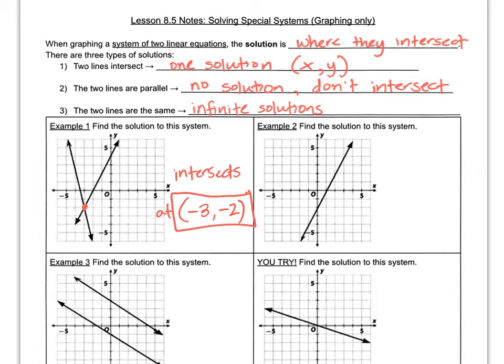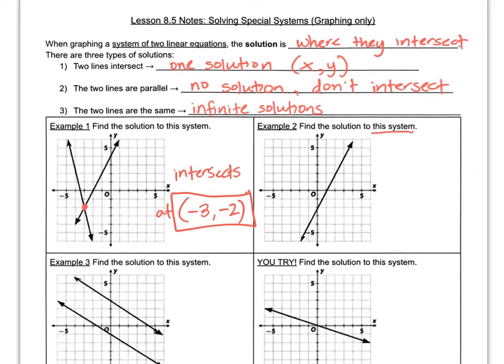For example 2, this one is just kind of tricky just because of the way it looks, because you see one line. But at the same time, it says in the directions, find the solution to this system. Because it says it's a system, it's implying that there's 2 lines there. So on this one, it is a system. There's 2 lines there.